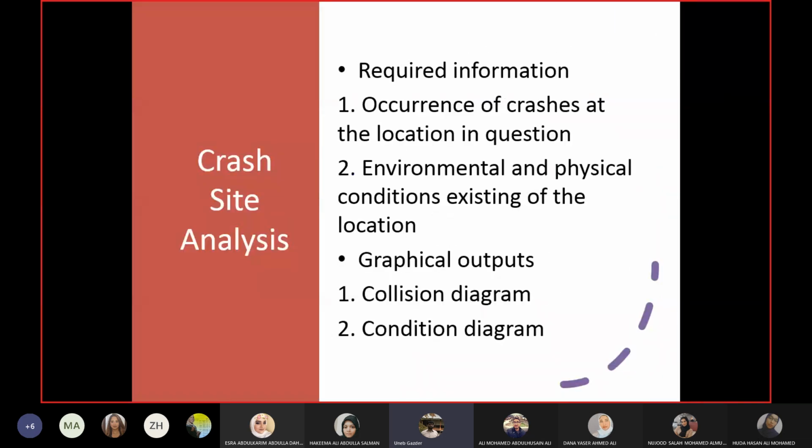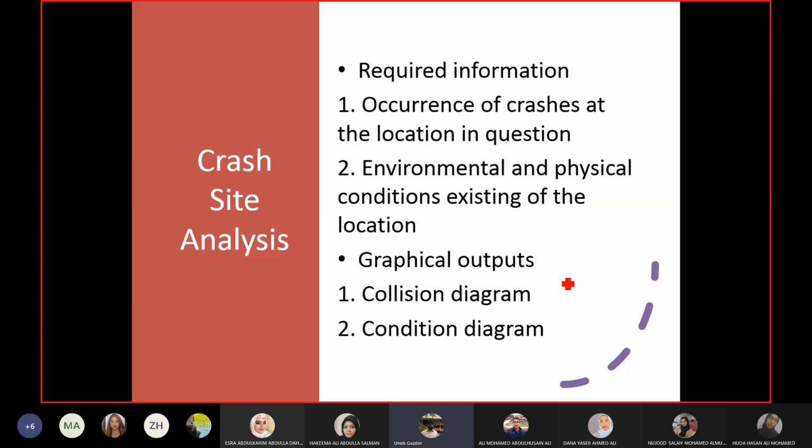Now let us see how we find the countermeasure. How do we do the safety analysis for any site? In the first lecture of this chapter, I showed you the steps you need to follow for the safety analysis. After that we started the calculations. But the first step was collection of data. So you collect the data, you select the site and so on.